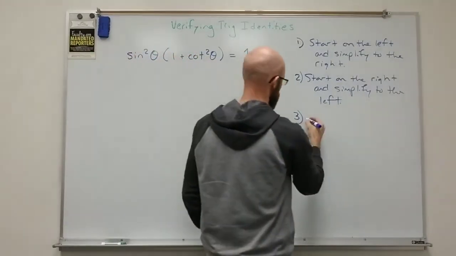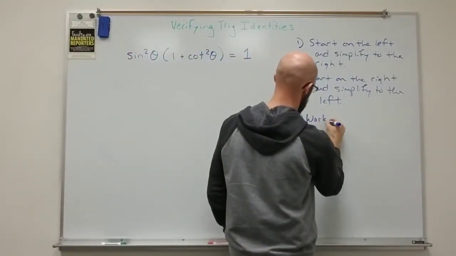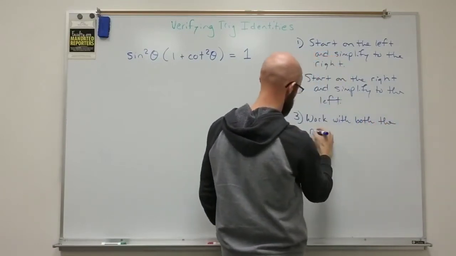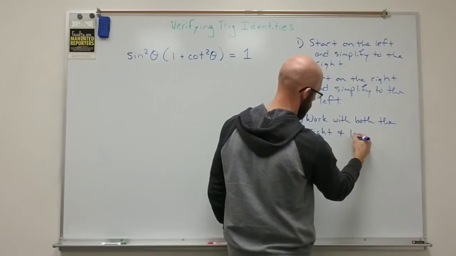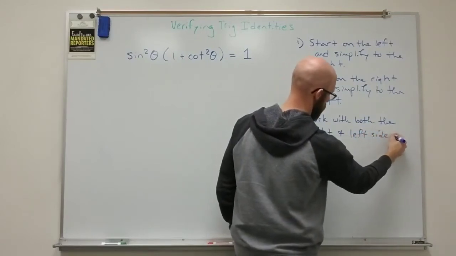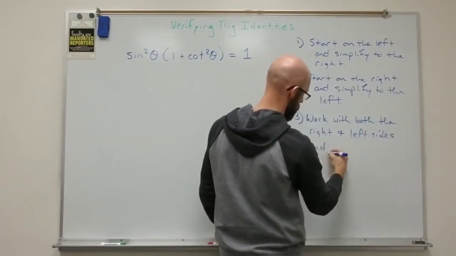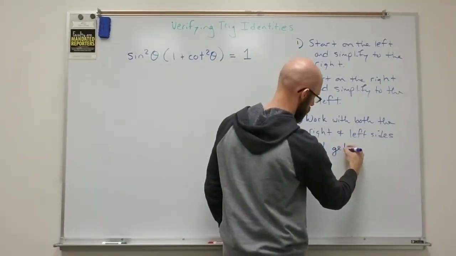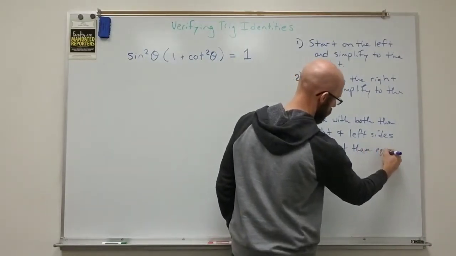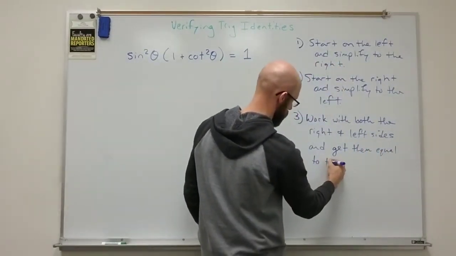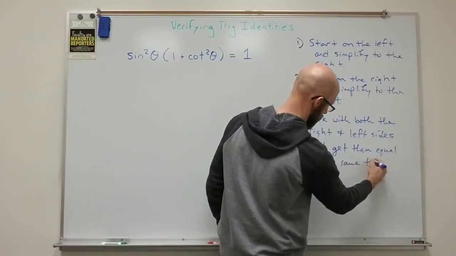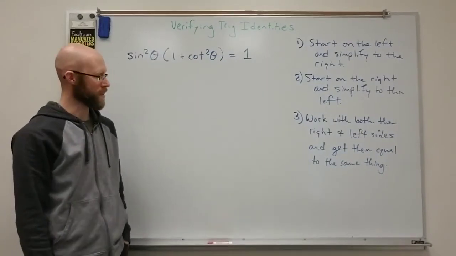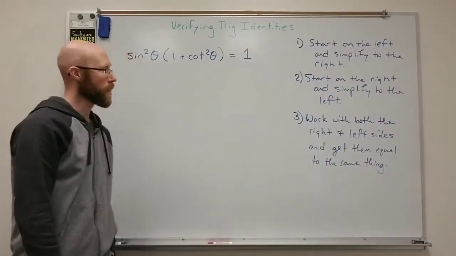So you work with both the right and left sides, and get them equal to the same thing. Now, of course, there are probably better ways to say that, but that's ultimately the goal, right?